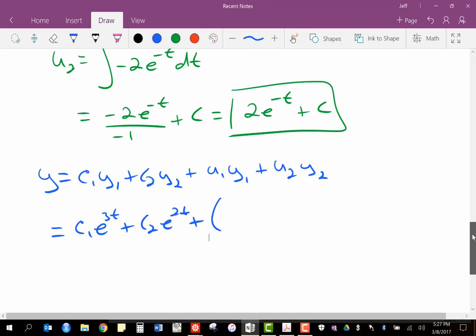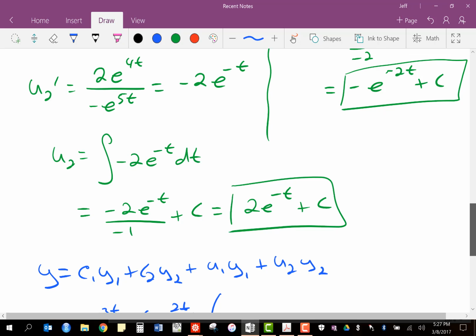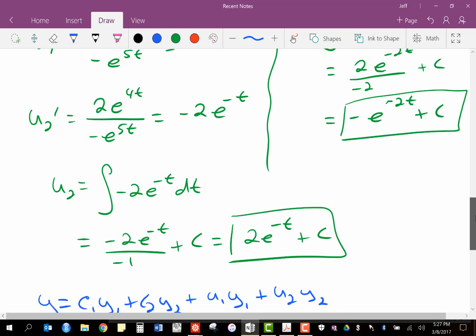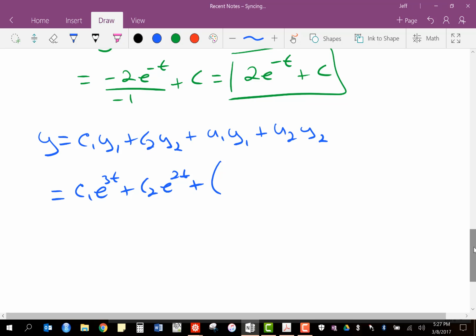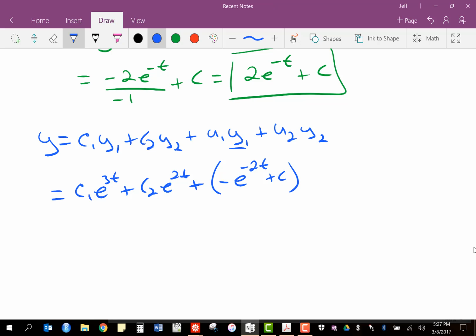What was u1? u1 was negative e to the negative 2t plus c. Negative e to the negative 2t plus c times y1, which is e to the 3t, plus u2, which is right here, 2e to the negative t plus c times y2, which is e to the 2t.